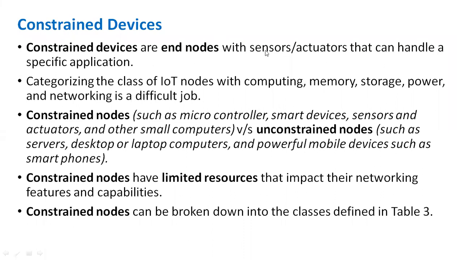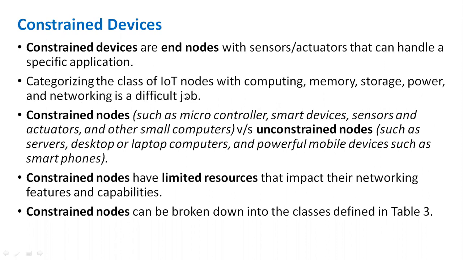These nodes handle some particular or specific applications. Categorizing or classifying our IoT nodes or devices based on computing speed, memory capacity, storage capacity, power, and networking, if we want to classify them based on these parameters, it is very difficult for us.